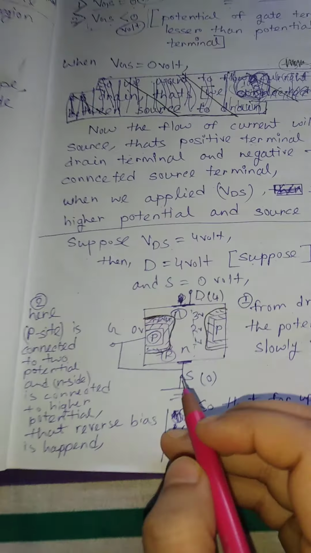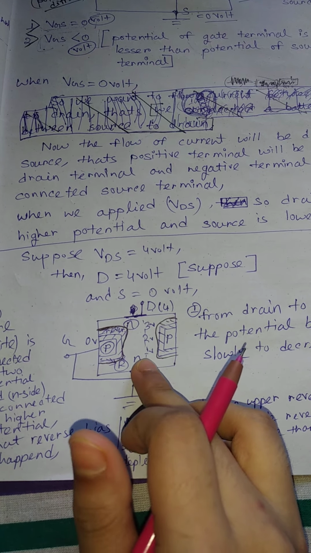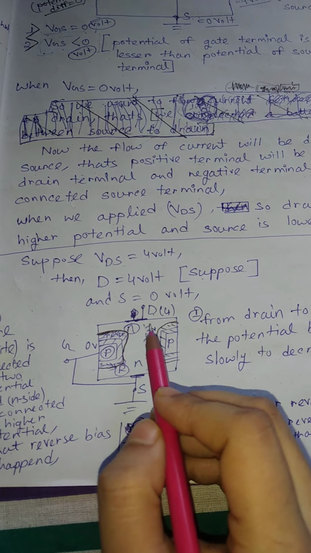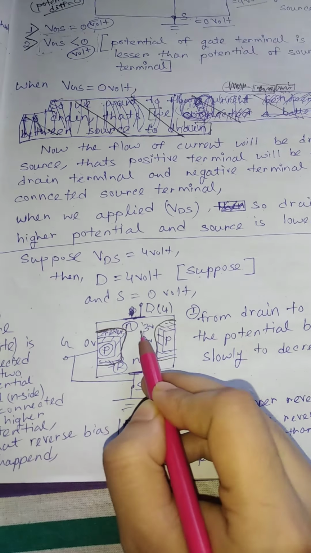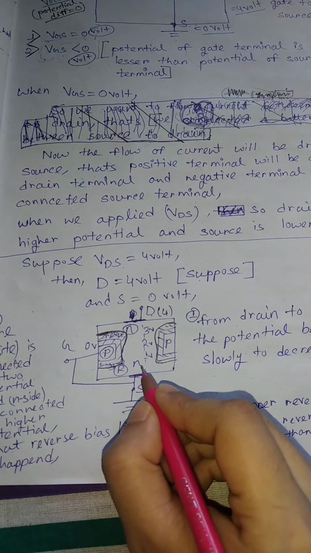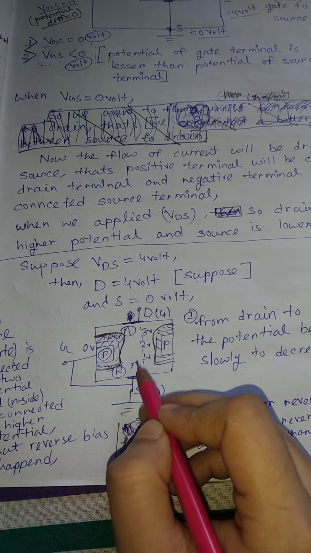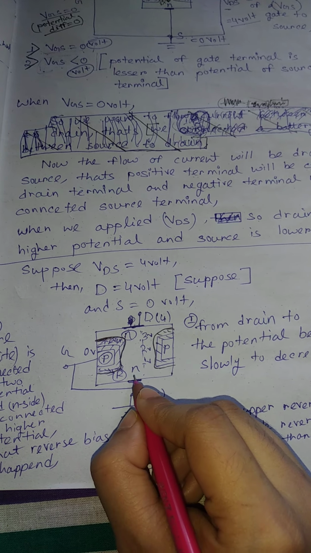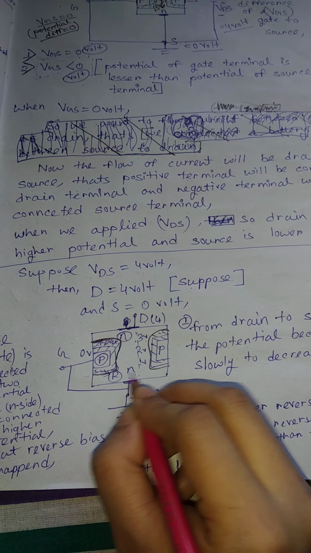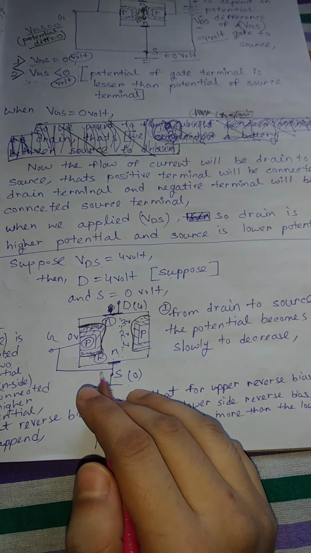So the upper portion is positive potential, and the lower portion is also positive potential, but compared to the lower potential, the upper portion is more positive. I can repeat again.